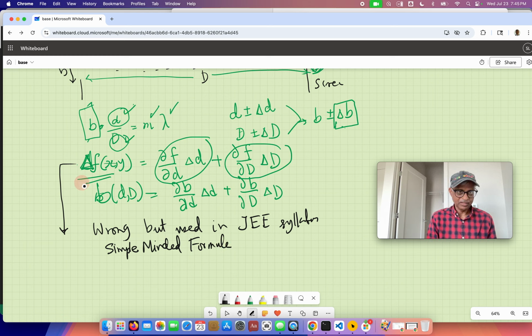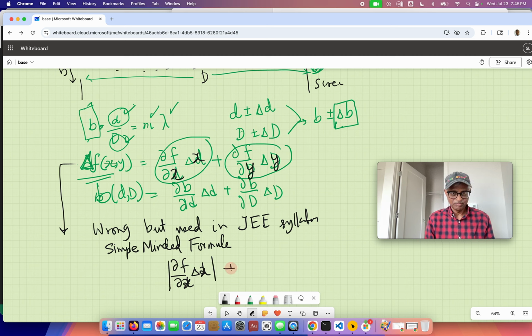So you take the absolute value of each term, to kill the negative sign. So delta f will be the absolute value of df dx times delta x, plus the absolute value of df dy times delta y. You can have as many variables as you want.